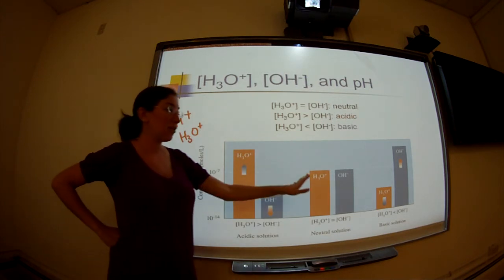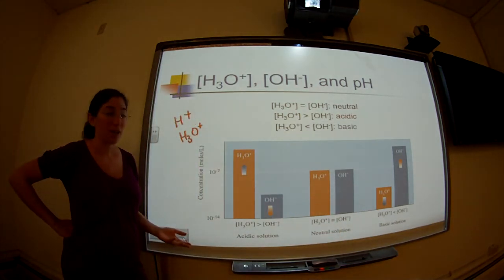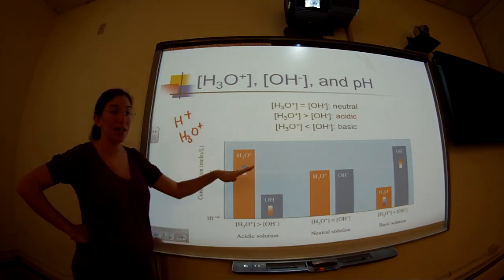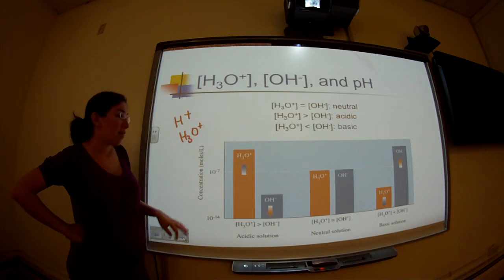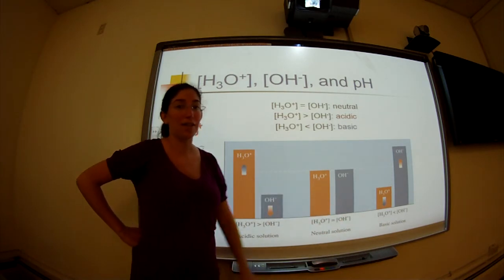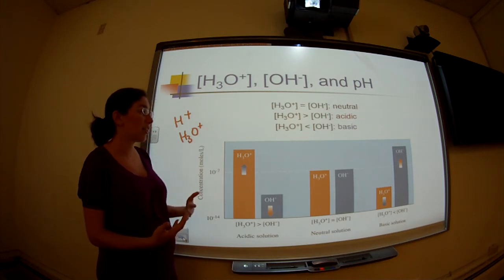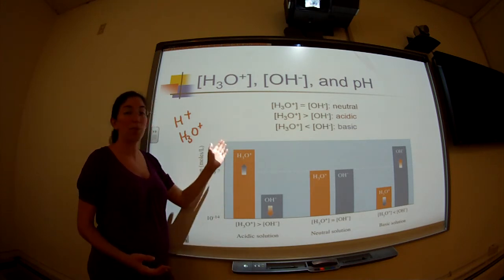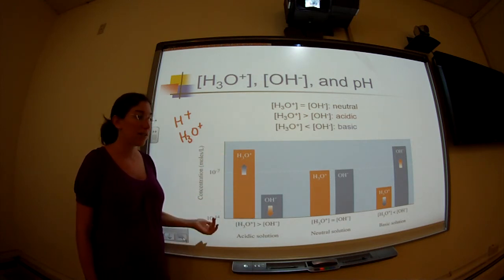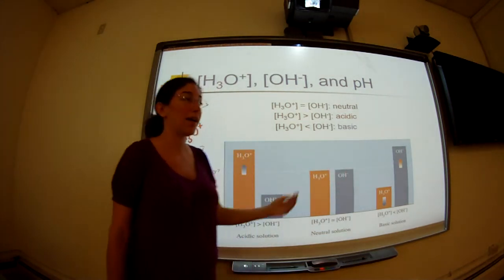If you have equal amounts of hydronium and hydroxide, as you do in pure water, then the concentration of each is 10 to the negative 7th. They're equal, so you have a neutral solution. In an acidic solution, you have more hydronium ions than hydroxide ions, and that defines an acidic solution. A basic solution is the opposite, more hydroxide ions than hydronium ions, okay?